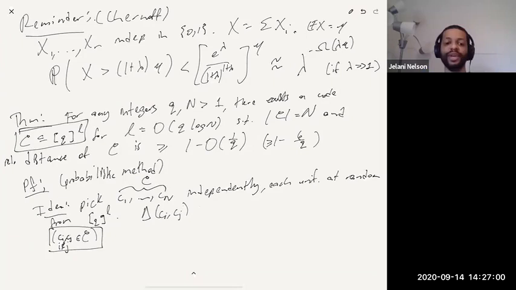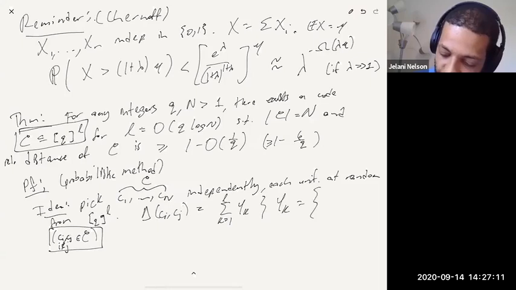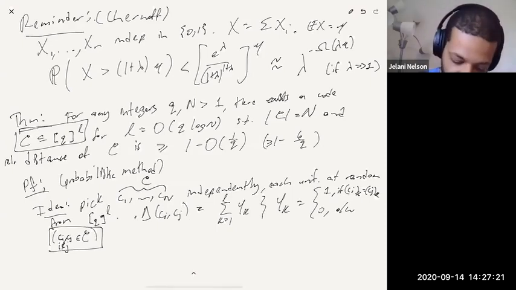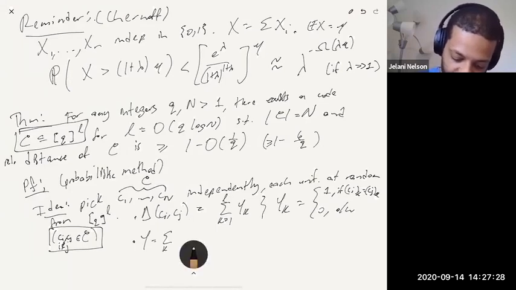This is a random variable, right? I can write it as the sum, k goes from 1 to L, of yk, where yk is an indicator random variable. It's equal to 1 if cik is equal to cjk and 0 otherwise. Then I can define capital Y to be the sum over all k of yk.